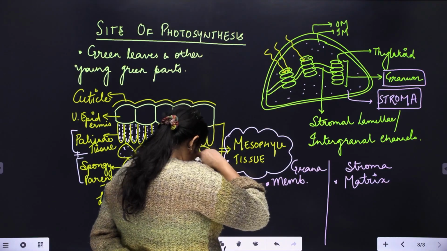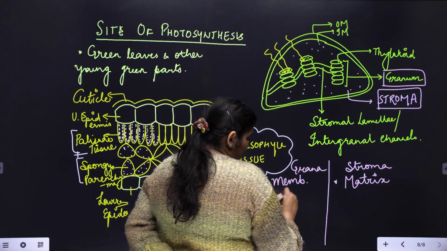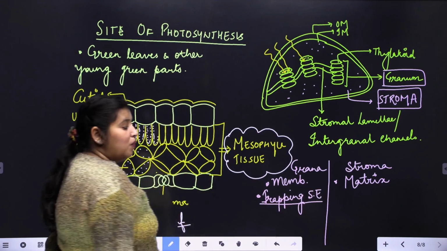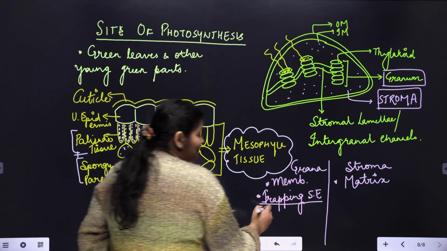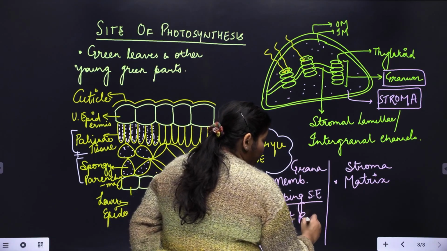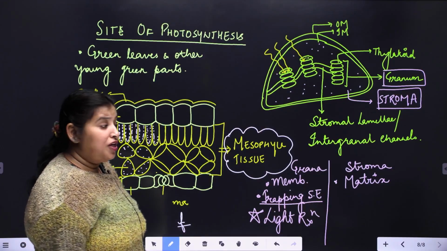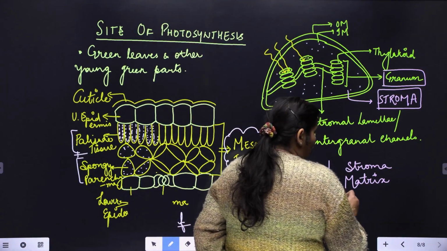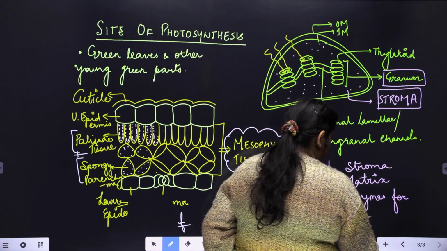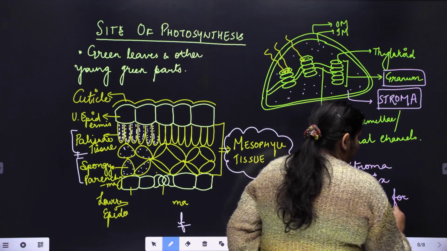It is trapping solar energy. When it is trapping solar energy, it is taking part in the light reaction of photosynthesis. And what is stroma doing? Stroma is not trapping light energy, but it has all the enzymes for the dark reaction of photosynthesis.